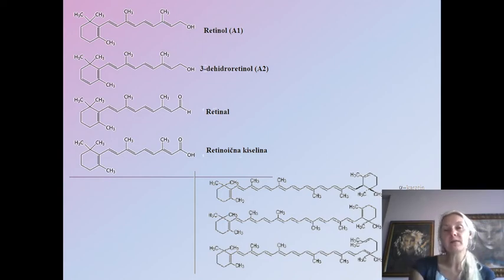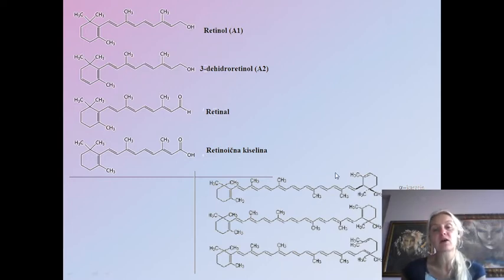Also, those vitamins A, whose structures are represented in the figure, can be obtained by chemical modification of so-called provitamins A, which are also marked as carotenes. Some of the structures of the basic types of carotenes are represented in the figure below.